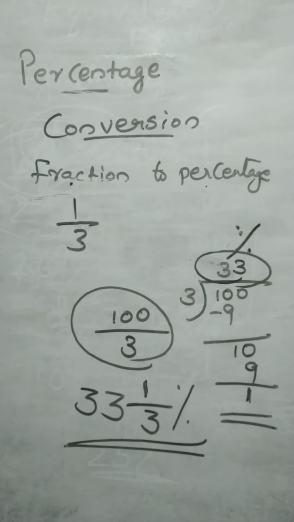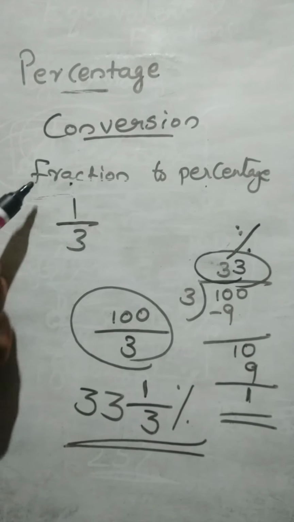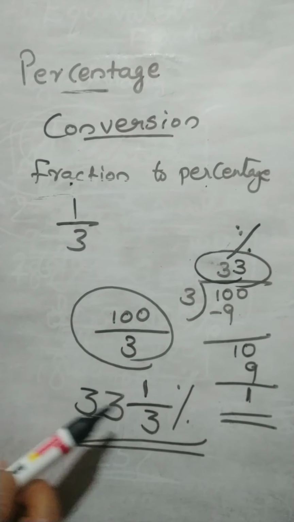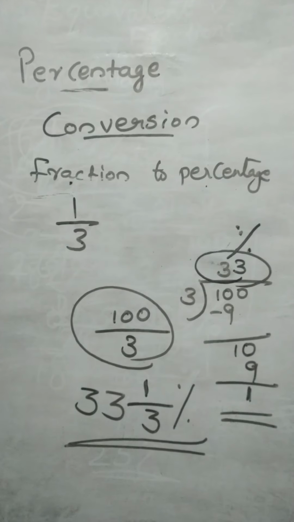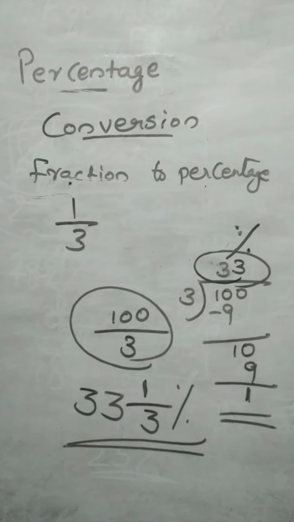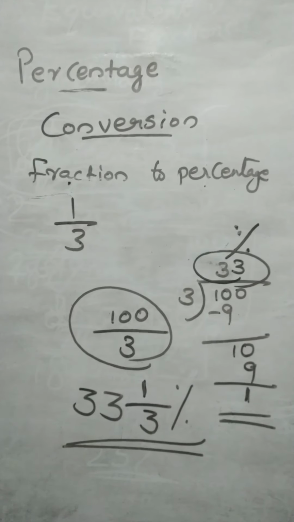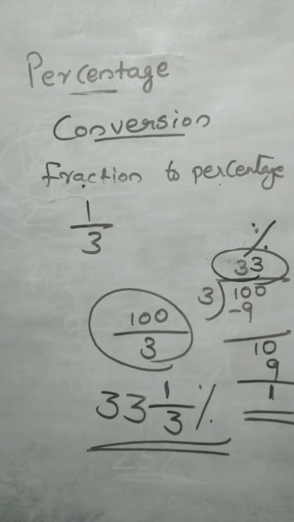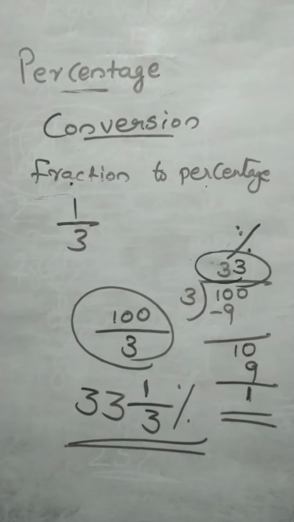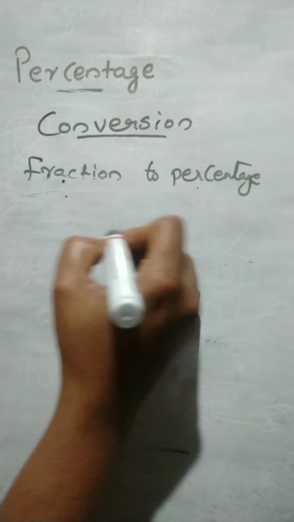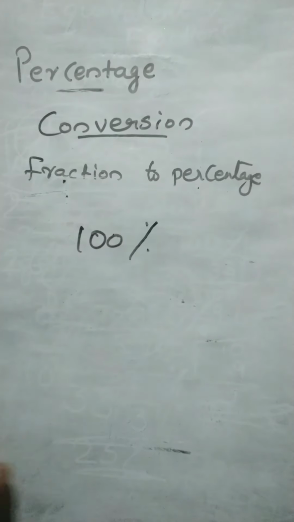So we can say 1 on 3 is the fraction, and the equivalent percentage is 33 1 on 3%. Clear? What can we do? We have to multiply the given fraction with 100%.